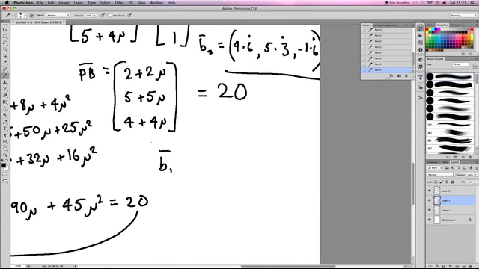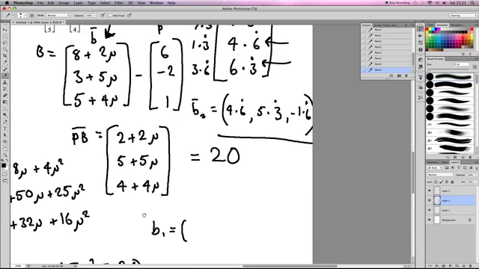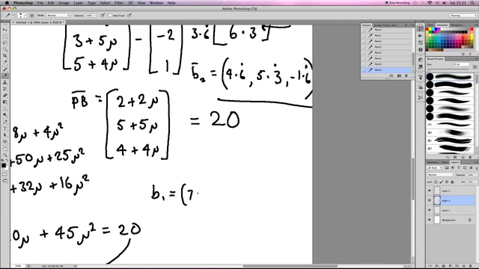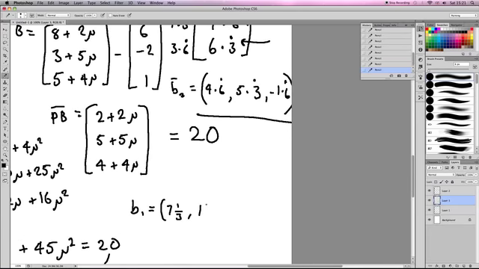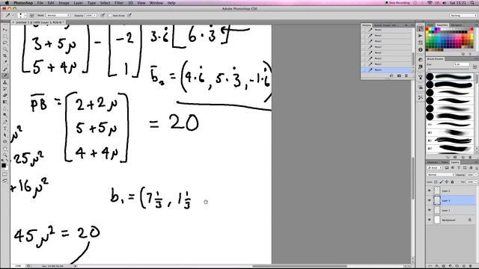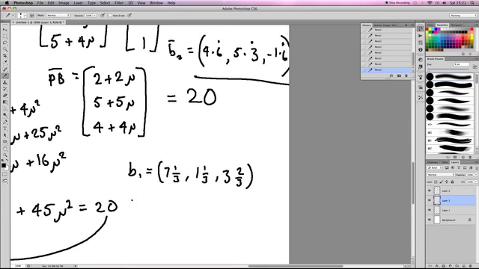So my possible value for B, or B1, is going to be coordinates 7 1/3, 1 1/3 and 3 2/3. Likewise, my other coordinate for B is 4 2/3, 5 1/3, and minus 1 2/3.